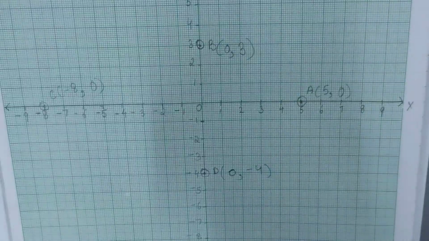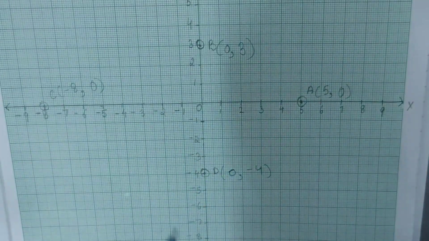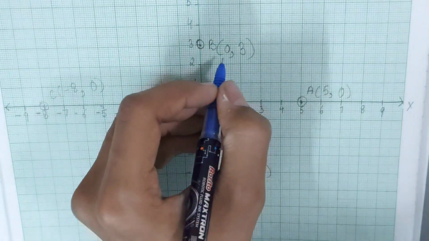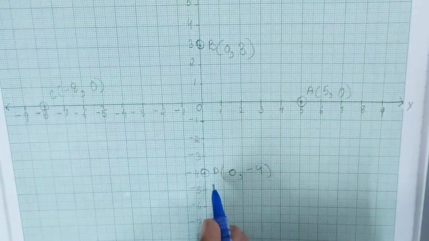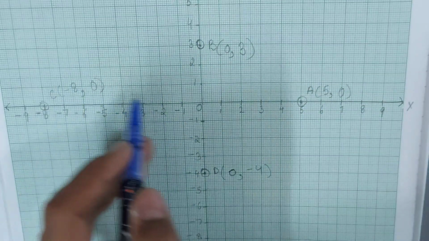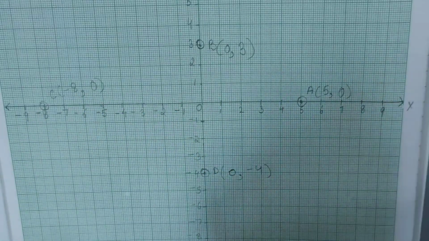See here, you should be careful. I'll give you a tip. Whenever the x coordinate of any point is 0, that point will lie on the y-axis, and whenever the y coordinate of any point is 0, that point will lie on the x-axis.